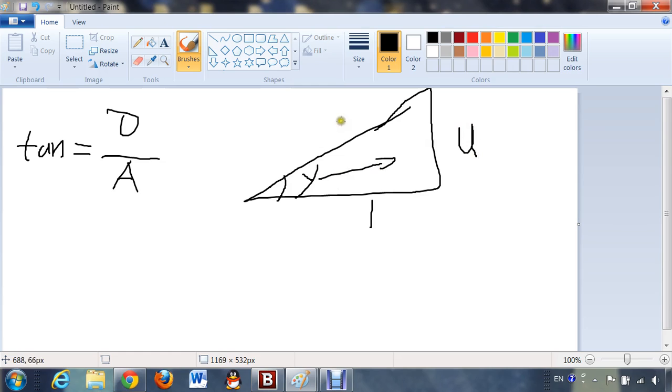So the hypotenuse will be just 1 plus u square. Is it square? Hold on. No, it will be this. So that's the hypotenuse.